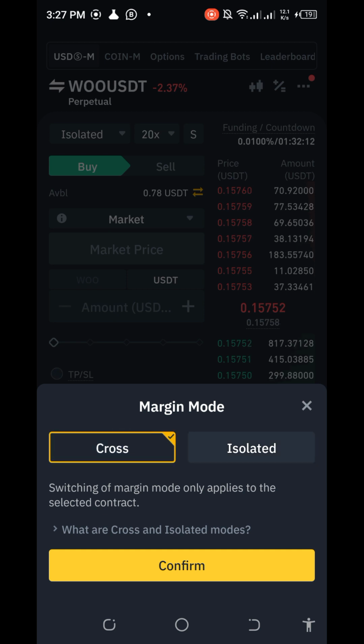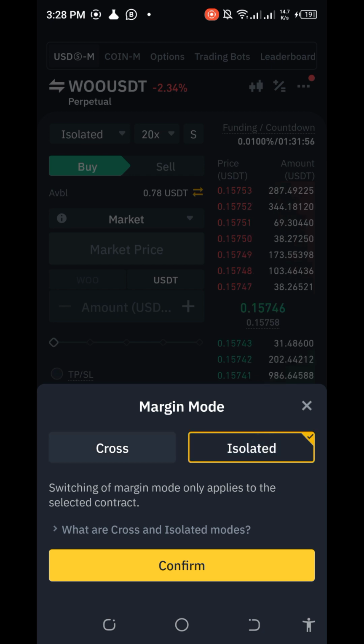Cross is telling you that you have 0.78 in your available balance, and if you enter the market with 0.8 and the market goes against you and liquidates you, you lose all the money in your available balance. But isolated says, James, you are having 0.78, you are entering the market with 0.8, you'll be having 0.70, and if the market liquidates you, you're only going to lose 0.8.